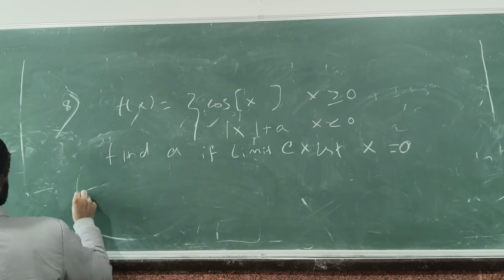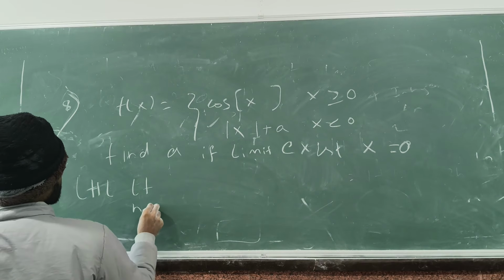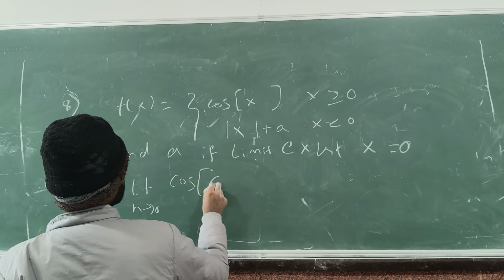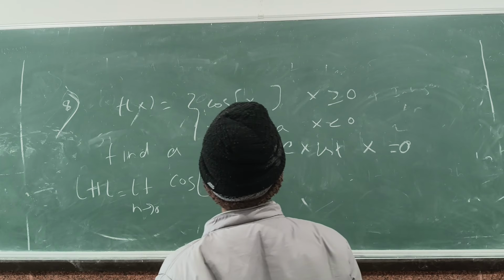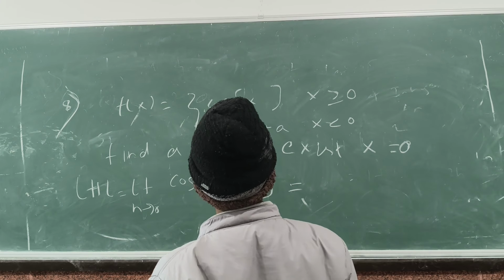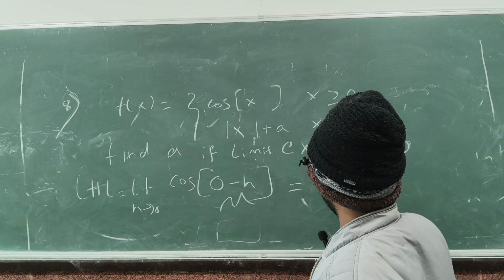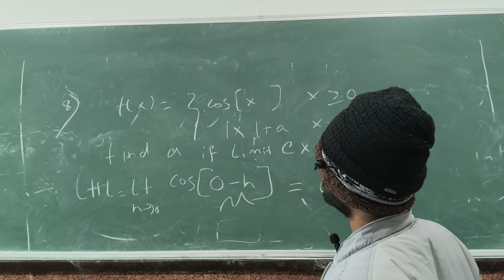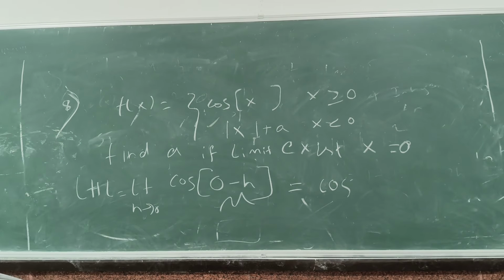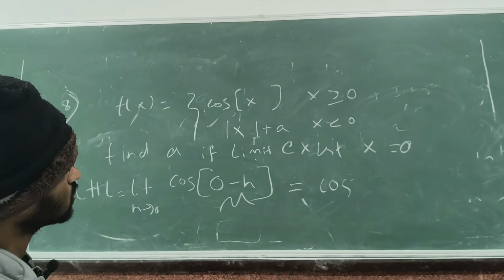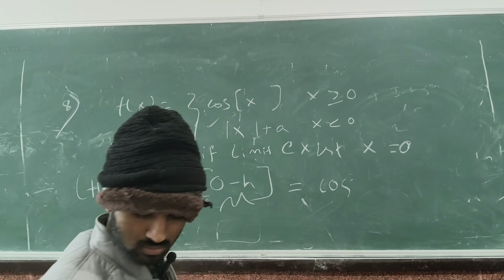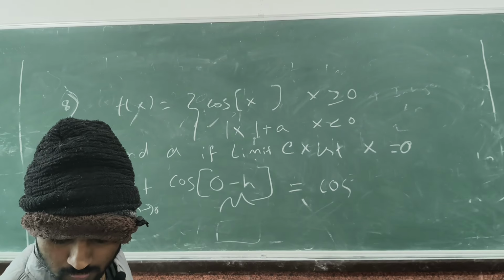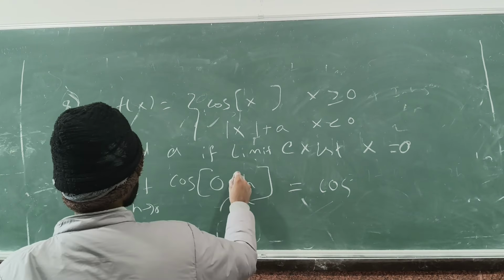So let's find the right hand limit first: cos of step of 0 plus h.